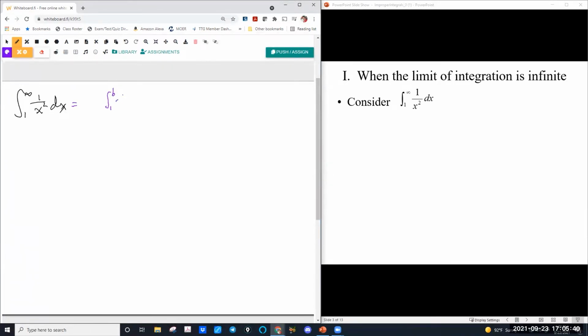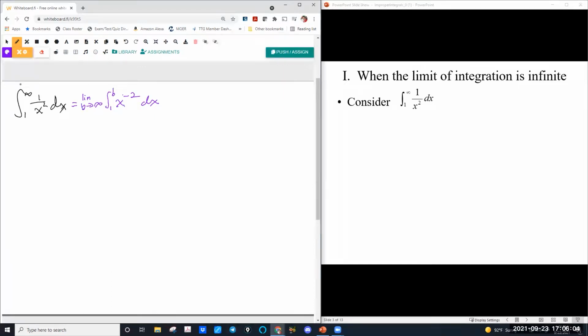But remember, we're doing an antiderivative, so we like to write it as x to the minus 2. Right now these aren't exactly equal, so to make them equal we take the limit as b goes to infinity. Now we haven't changed anything from our original.